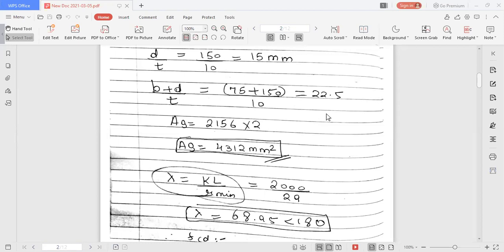After completing, let me know. Everybody had got the value for slenderness ratio, that is lambda.